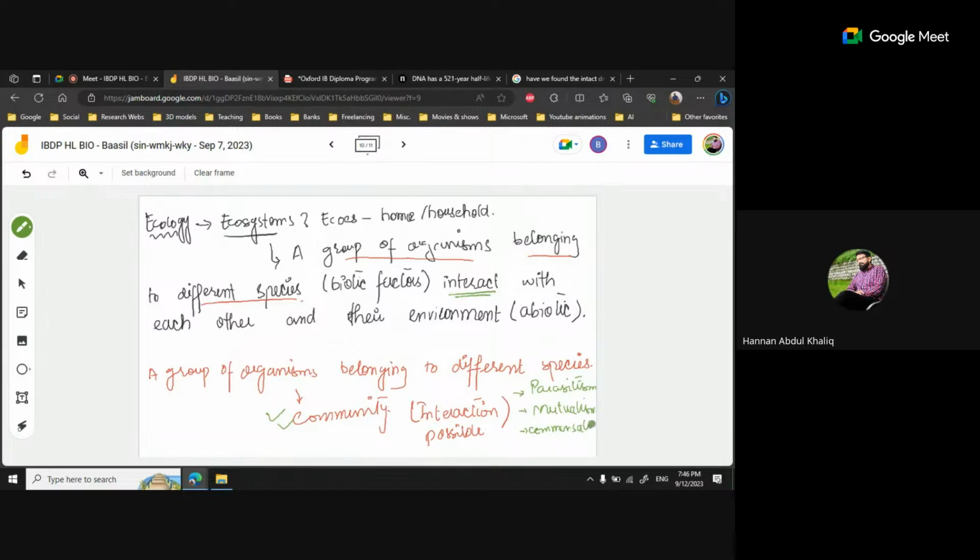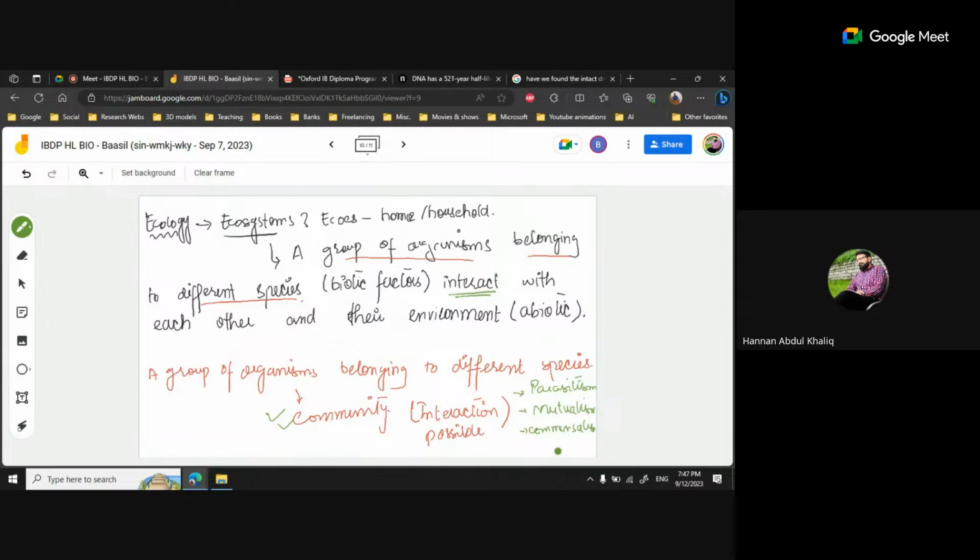Maybe I would not explain all of these, but what I want to say is that it increases the chances of organisms interacting with each other, having an impact on the lives of the other partner. So what does it mean? The more the relationships, the healthier the ecosystem. This is what the meaning of relationships and interactions is.